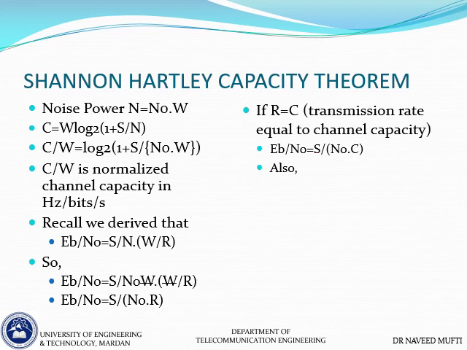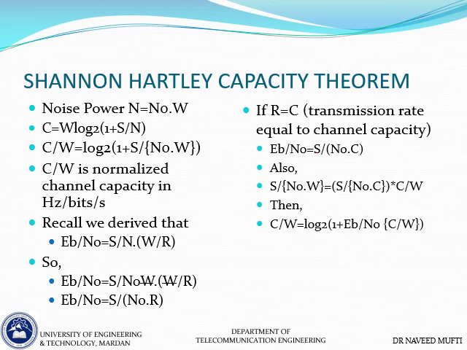Now from our Shannon Hartley capacity theorem, we can say that S by N naught W is equal to S by N naught C multiplied by C by W. If you multiply and divide by C, that is what you get.